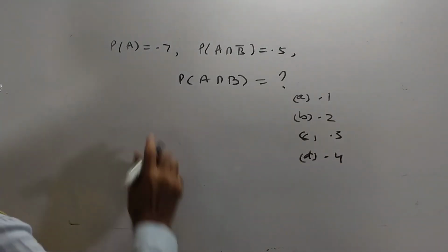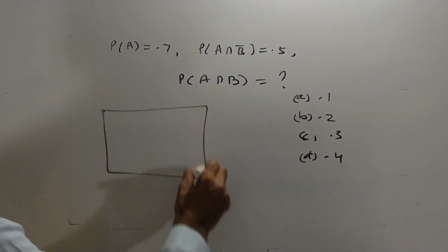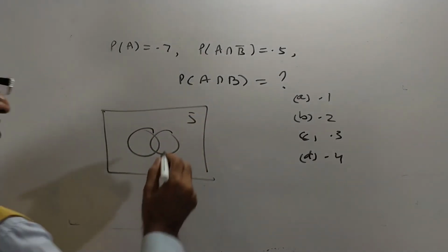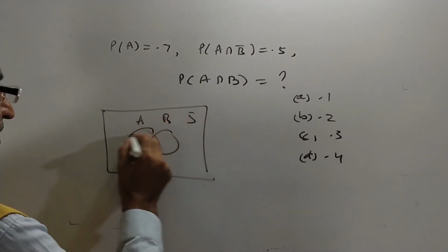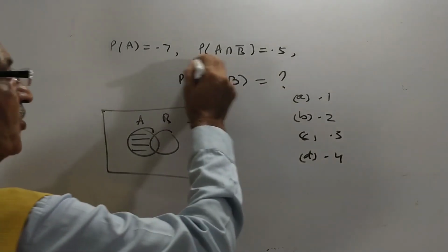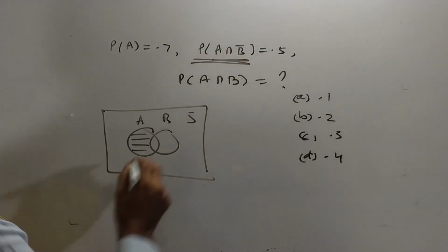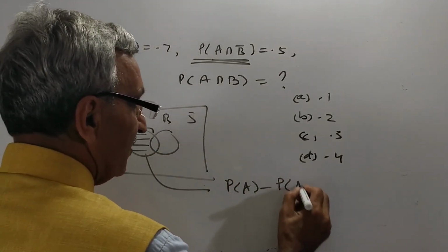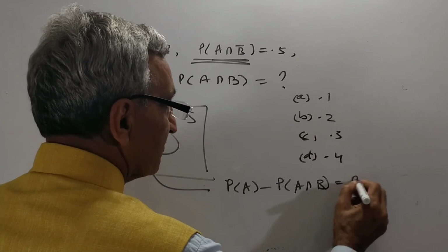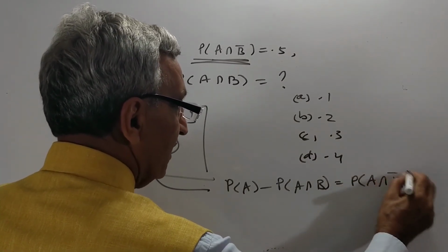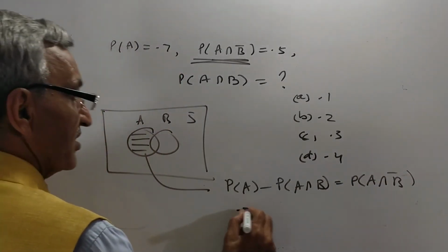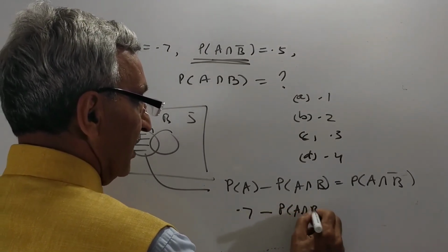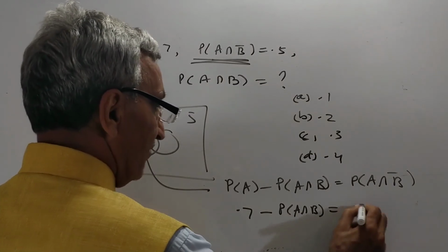Look here, this is my sample space, this is A, this is B, and this is A minus B, which is the happening of A and not the happening of B. This is equal to probability of A minus probability of A intersection B, which is probability of A not B. Here, this is equal to 0.7 minus probability of A and B, which is equal to 0.5.